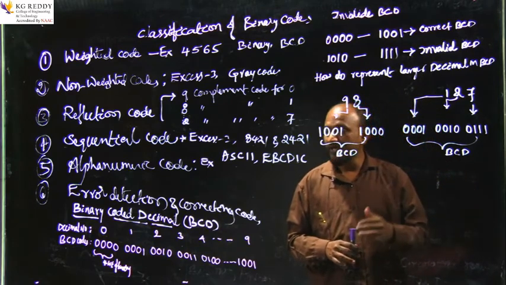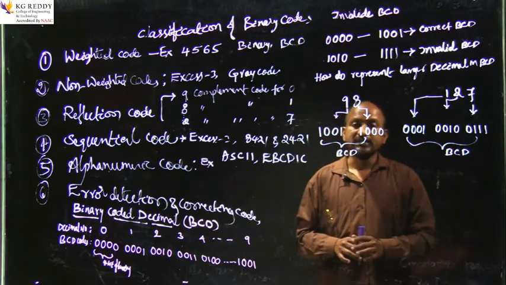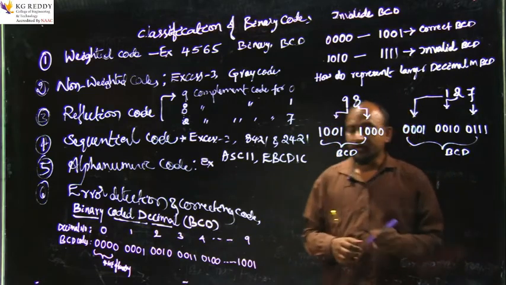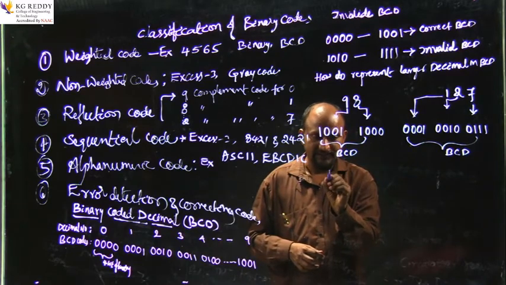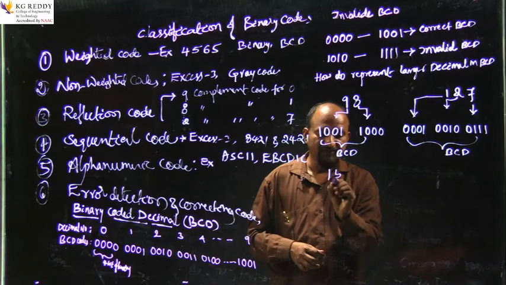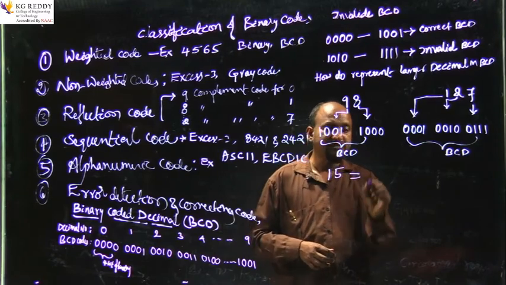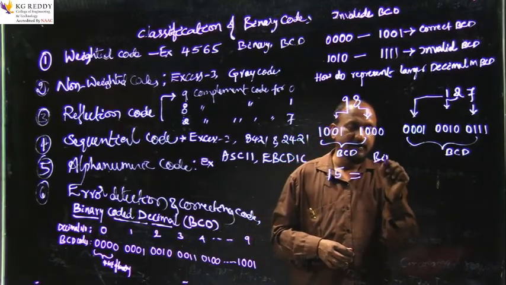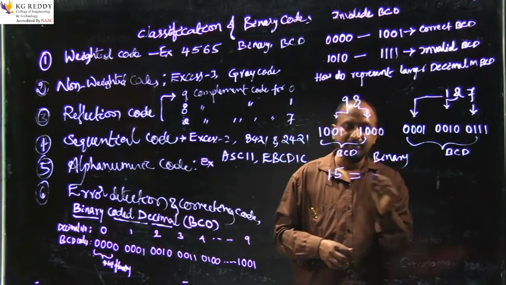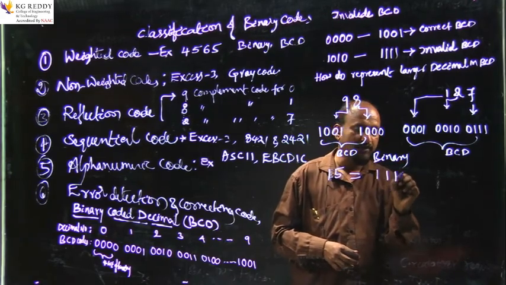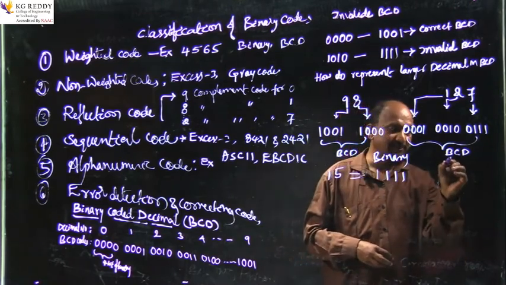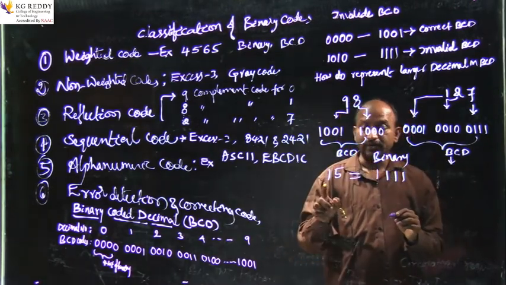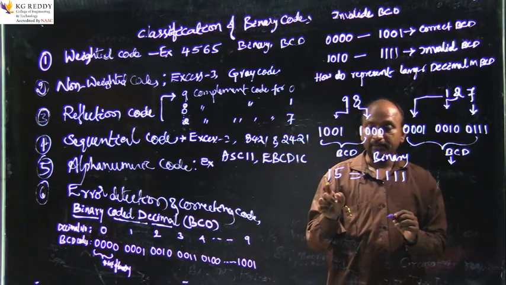Coming to the drawback, for example, if you represent 15, the binary of 15 is 1, 1, 1, 1. If you take BCD, as I told you, each digit in the decimal should be expressed as a set of 4 bits.